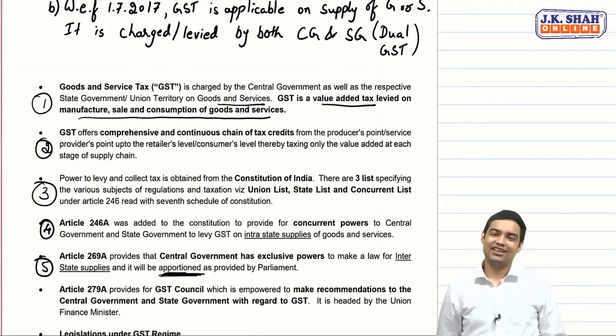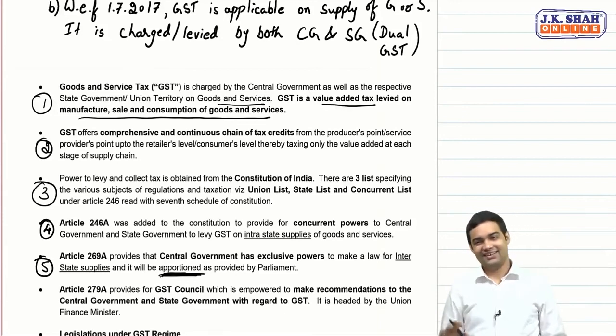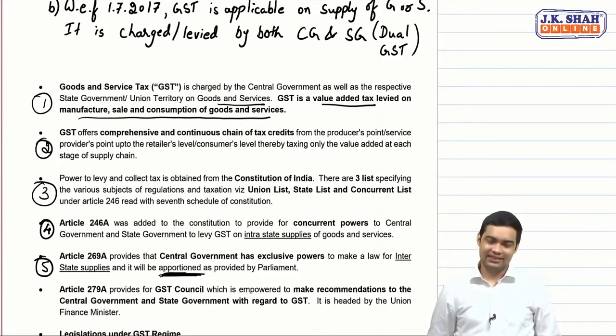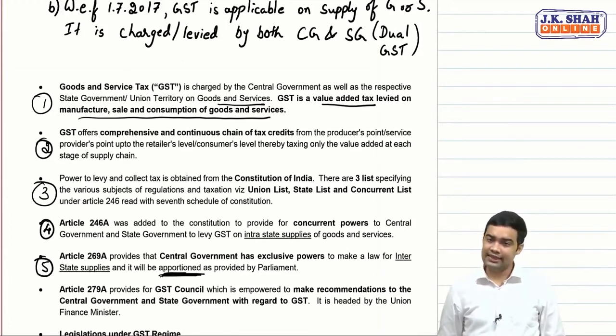Some portion of the taxes will go to the state government, and it is always 50-50. Central government keeps 50% of the taxes and balance 50% is transferred to the respective state. How does it work? We will come across this in some time.